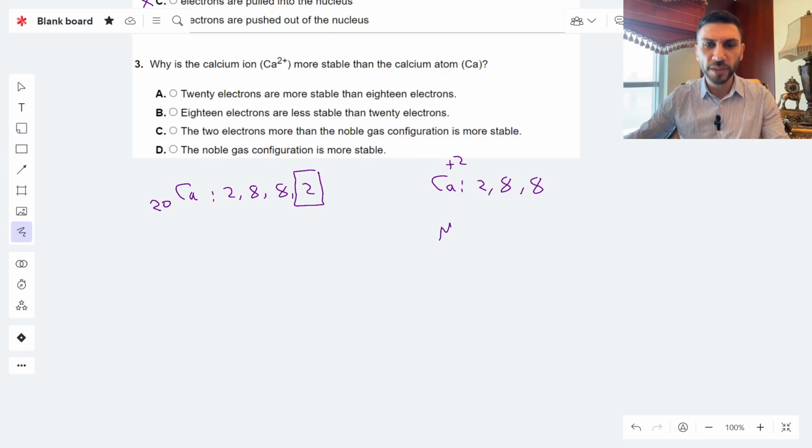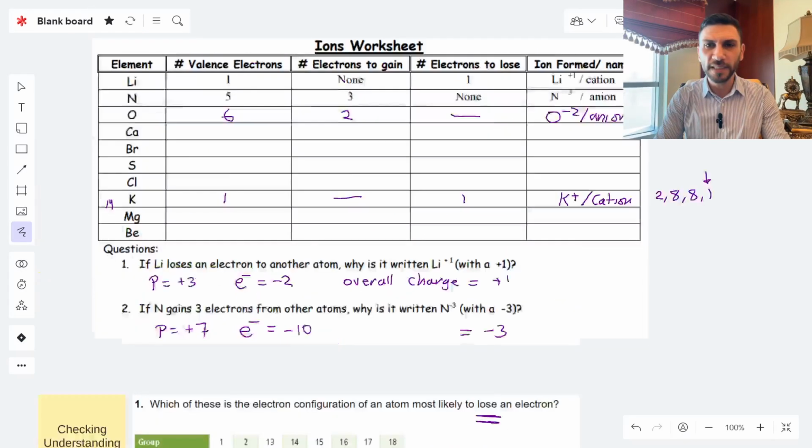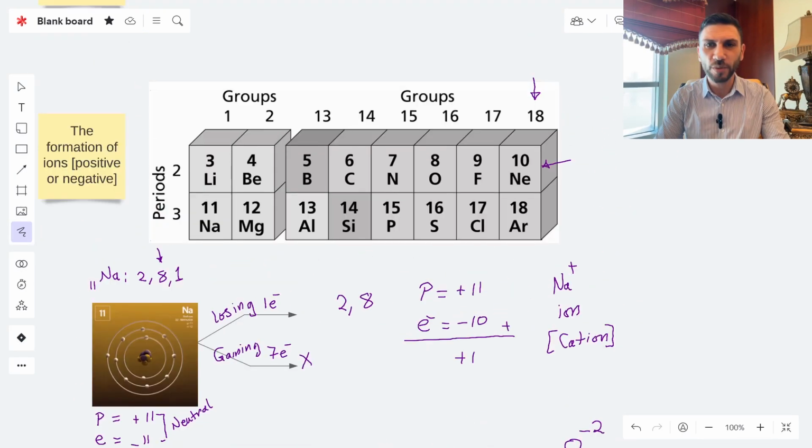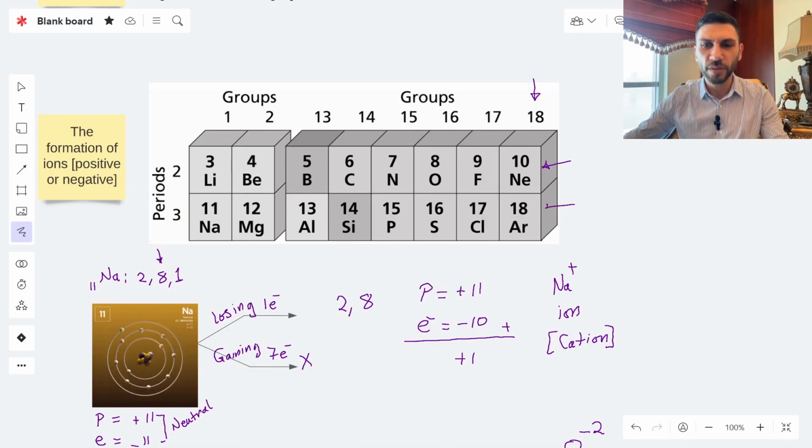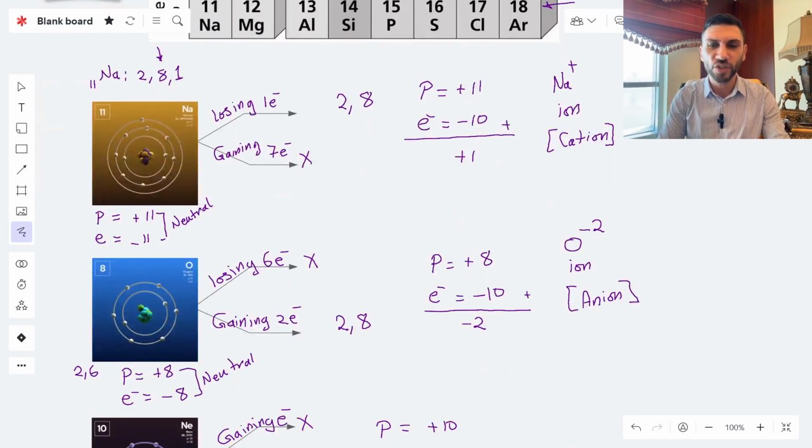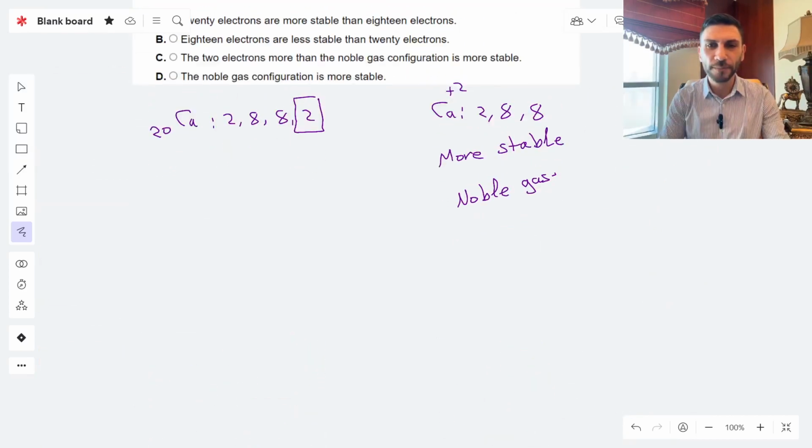This one is more stable, of course, only because it has the electron configuration of a noble gas. This noble gas, if you check the periodic table, is argon, because argon has 18 electrons, just like the calcium ion. 2 and 8 is 10, plus 8 is 18 electrons. So it has the electron configuration of a noble gas.